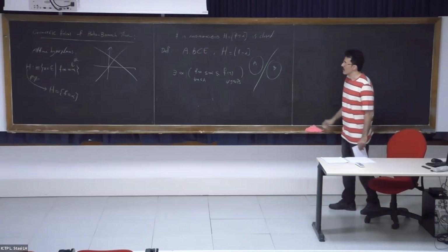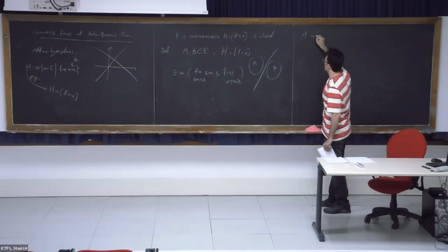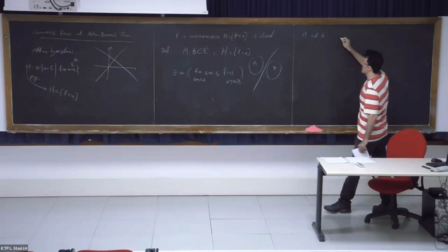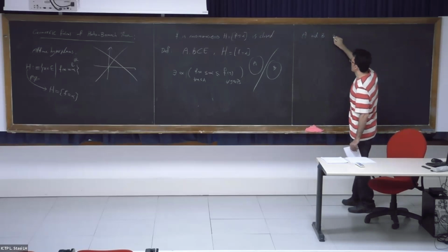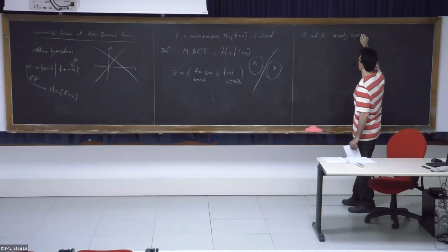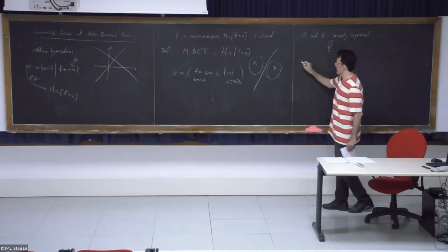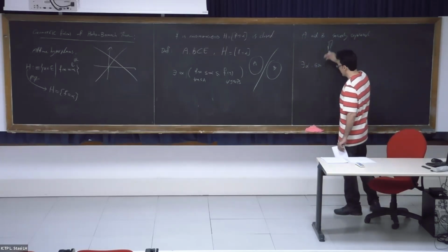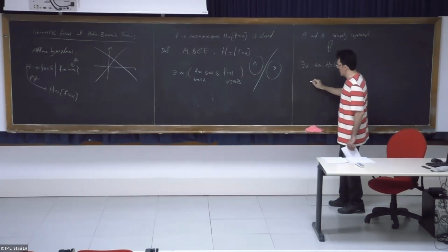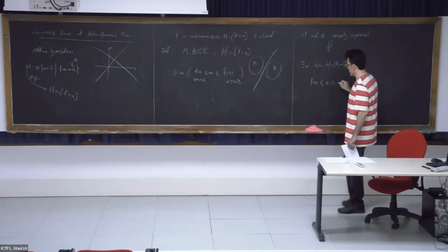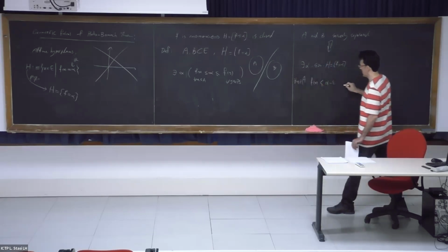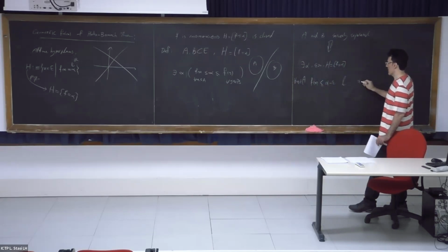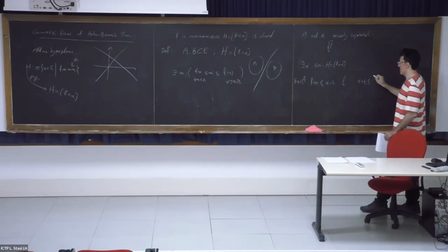And A and B are strictly separated if and only if there exists alpha and epsilon and also H with this property: f of x is less than alpha minus epsilon for all x in A, and alpha plus epsilon is less than f of y for all y in B.